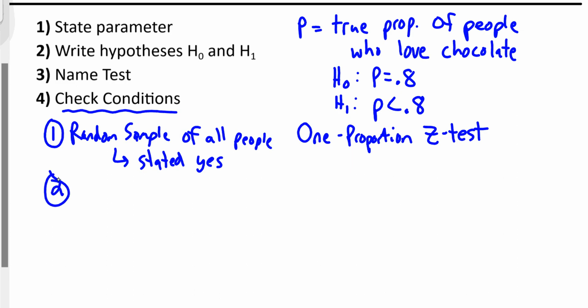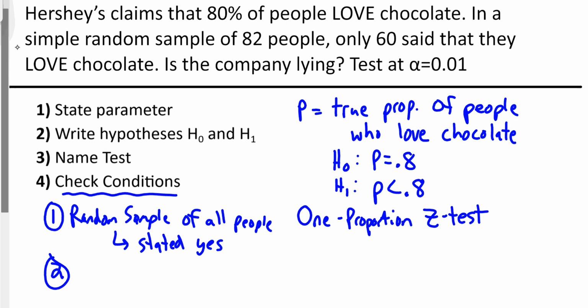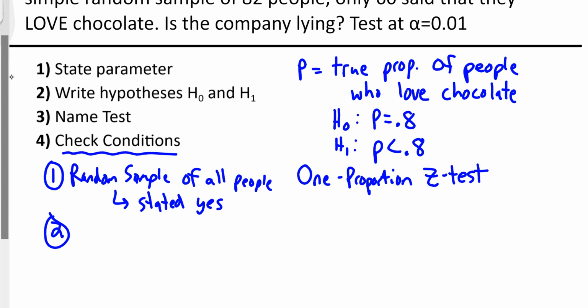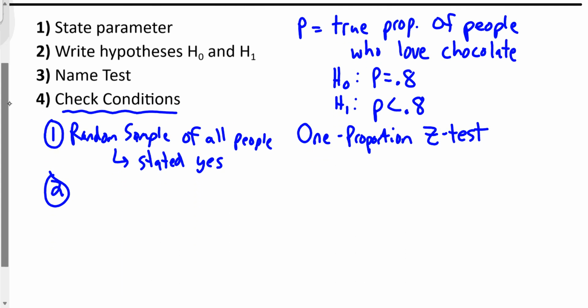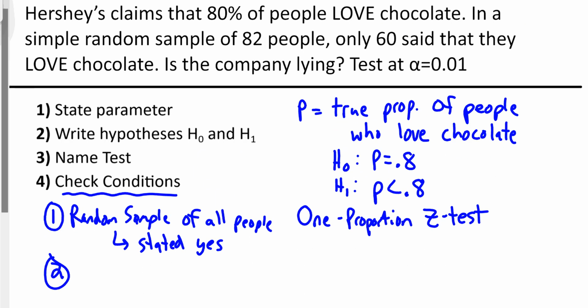Number 2, we need to check n times p and n times q. So there was a sample of 82, and 60 out of the 82 said that. So that's our p. Actually, hold on, that's our p hat. Now, since we're testing against the parameter, we actually have to use the parameter. So we're going to use p equals 0.8, q equals 0.2.